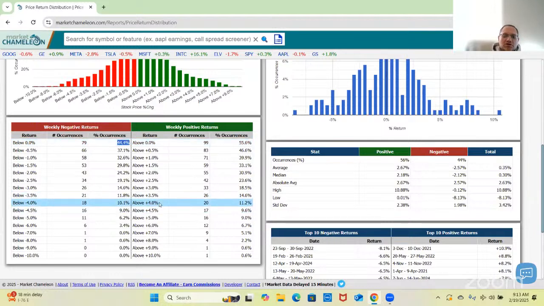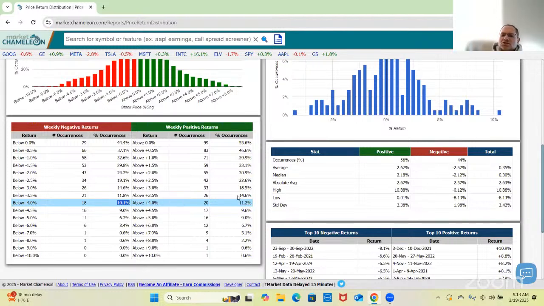If we wanted to pick above or below, let's say 4%, 11.2% of the observations were above 4%, 10.1% of the observations below -4%. So we're getting an idea here of the potential risks, the potential magnitude of moves, and how frequently those moves occurred from a historical perspective in our observations.